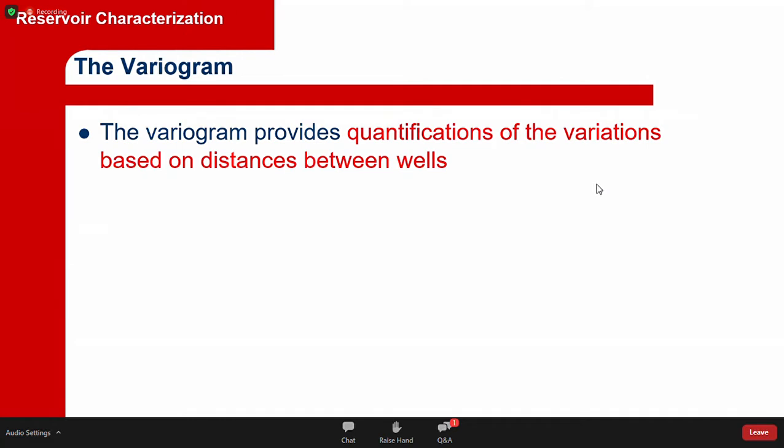That is a drawback of using the histogram for characterization of multiple wells. We need to find a way to look at how these wells are characterized together as a function of how far from each other they are. So the variogram will give you this. The variogram provides quantification of the variations based on distances between wells.